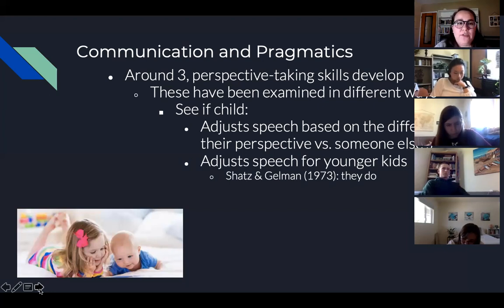In this 1973 study, they found that the 4-year-olds modified their speech pretty notably when talking to a 2-year-old, in comparison to when they were talking to another 4-year-old, and also in comparison to when they were talking to an adult. So it seems children understand that they might need to change the way they talk because their perspective and experiences of the world are different.